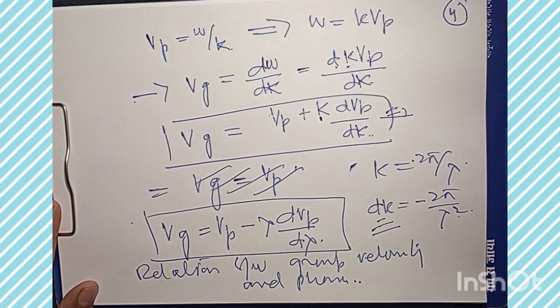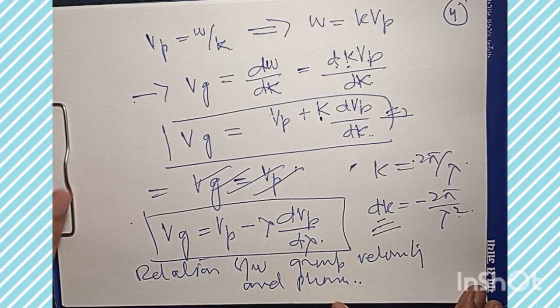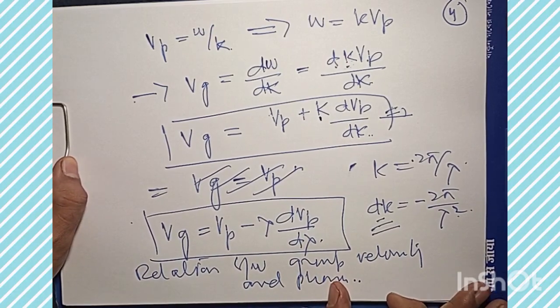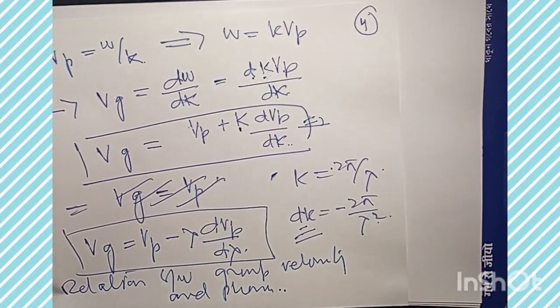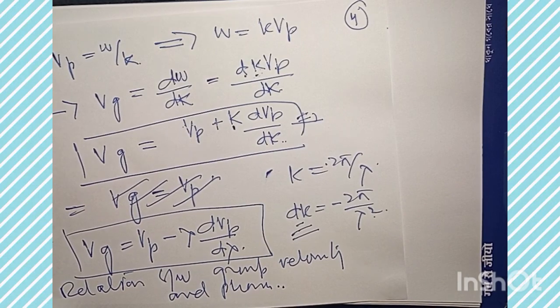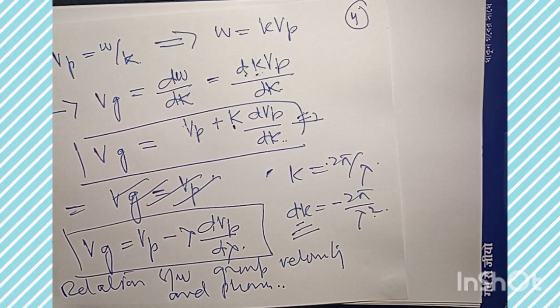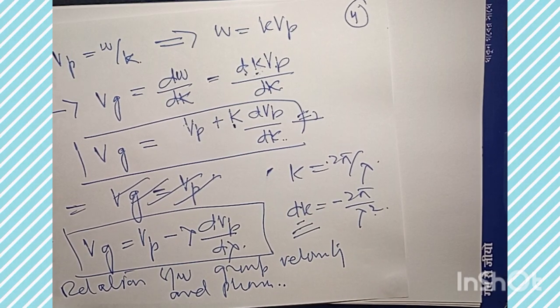Very simple. Now the final aim of this discussion is to see that the group velocity that we have calculated comes out to be equal to the velocity of the particle itself.